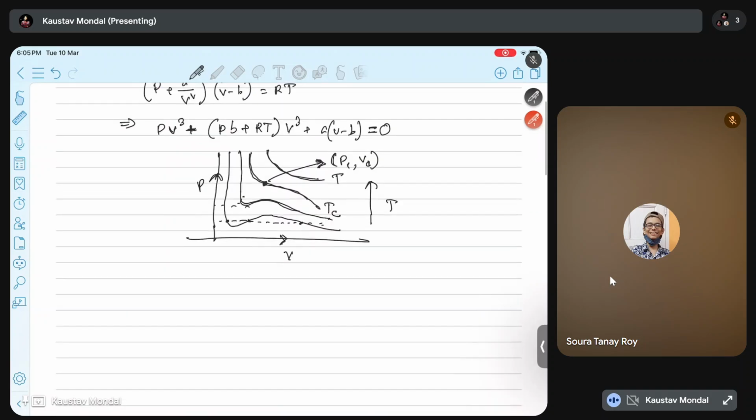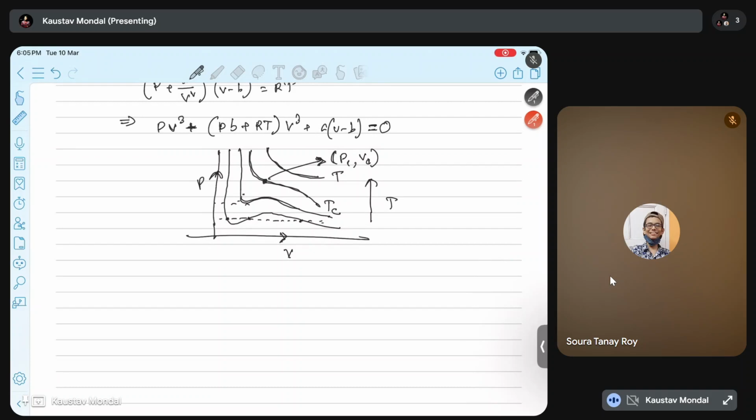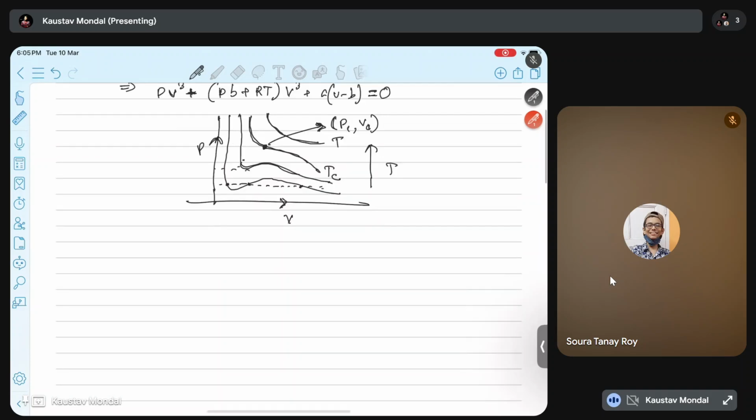Now we have discussed that in order to get the critical point, from the equation of state we have to satisfy these two conditions.